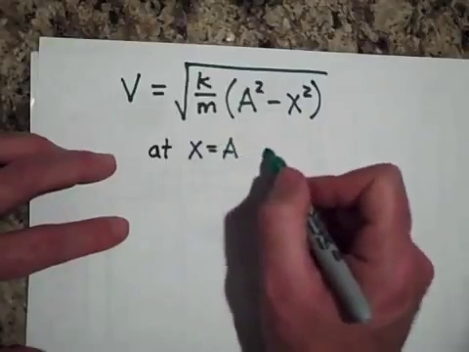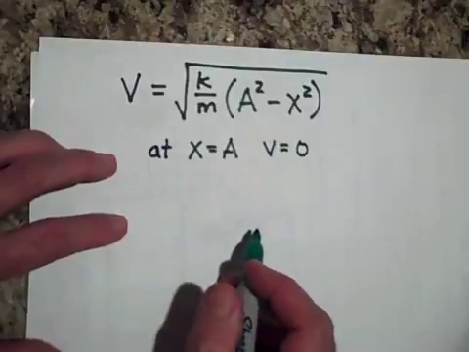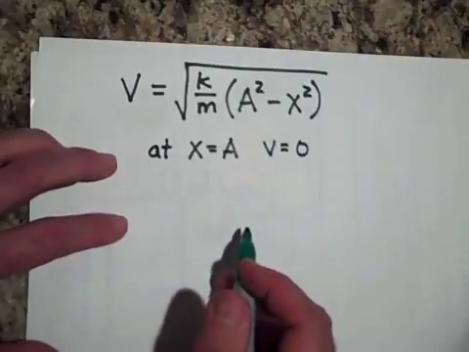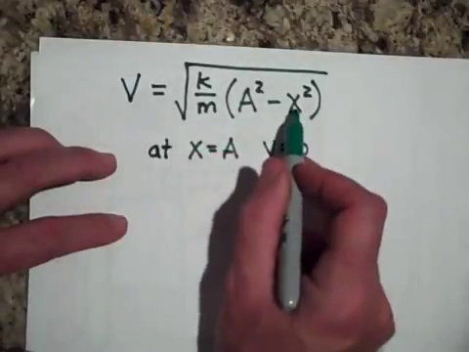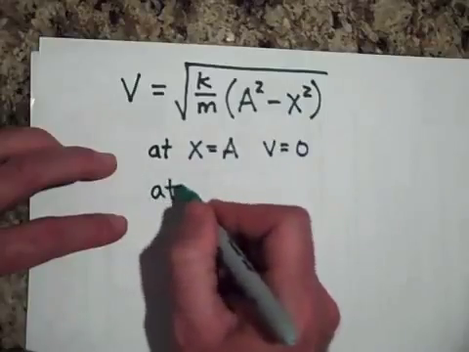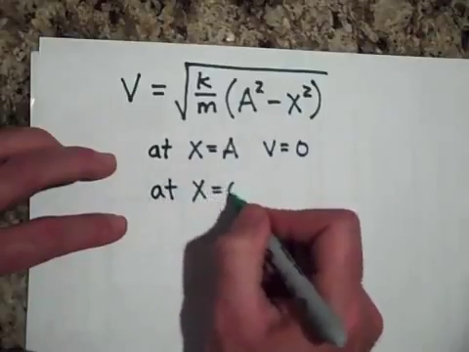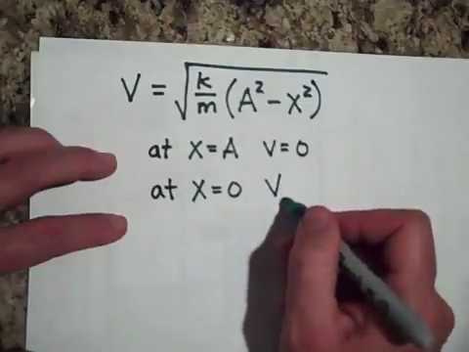Now, you might also guess that we get the maximum speed when you're not subtracting anything from here, when x equals 0. So at x equals 0, v is v max.